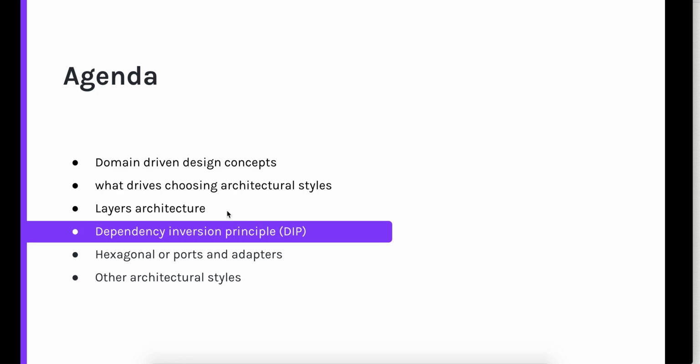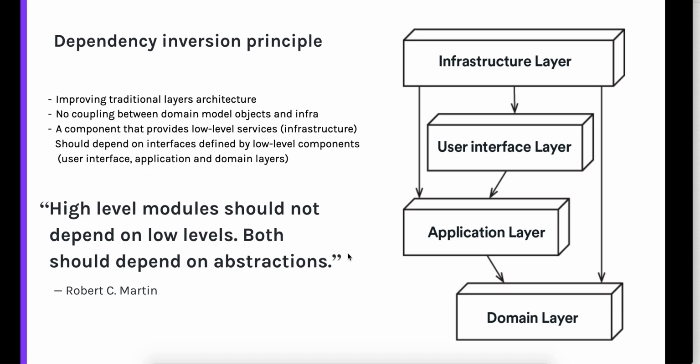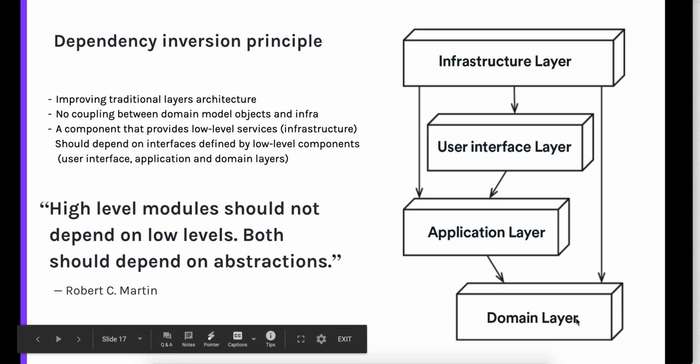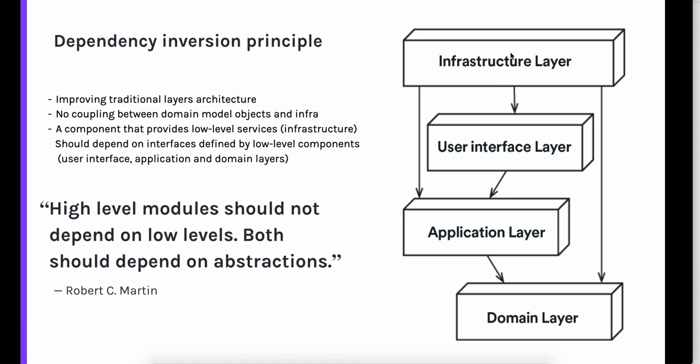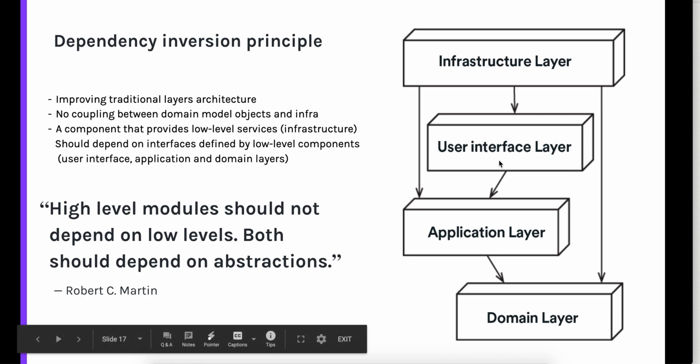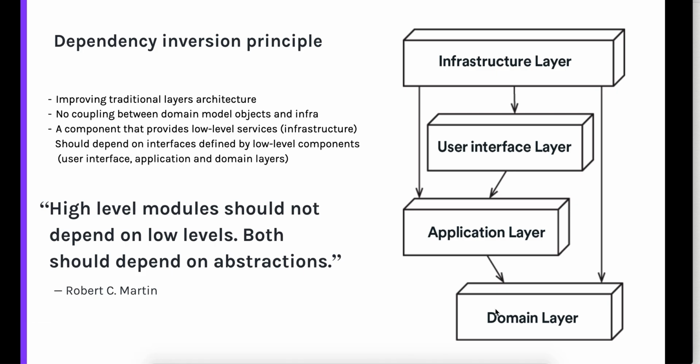And that's why we come to a new improvement on this, which is called the dependency inversion principle. So instead of having infrastructure at the very bottom, you put it on top. Now the infrastructure can have references to all these three layers, and the same goes for the layers underneath them.